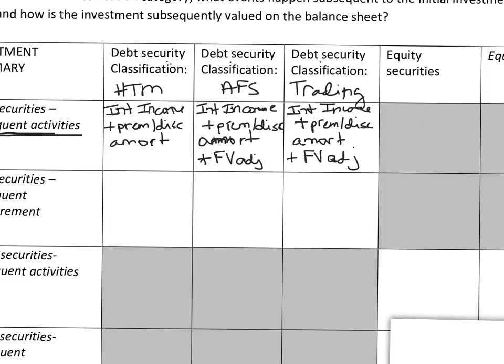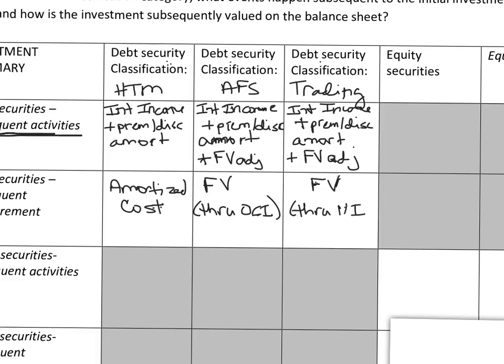Okay, so if you think held to maturity, this is actually on the front page too. This gets recorded and reported, I should say, at amortized cost. We talked about the fact that available for sale gets reported at fair value, and the changes in value go through OCI. And trading securities get reported at fair value, and those changes in value go through net income.